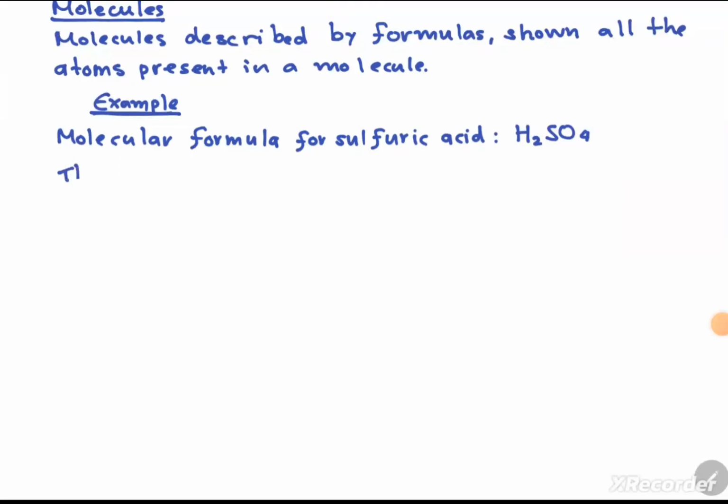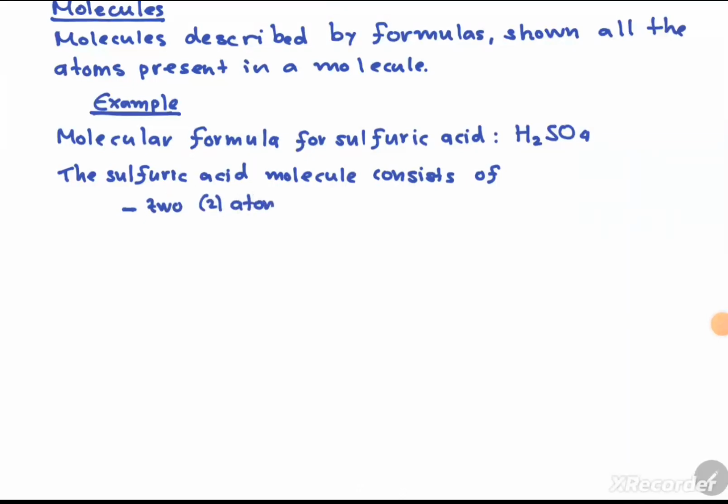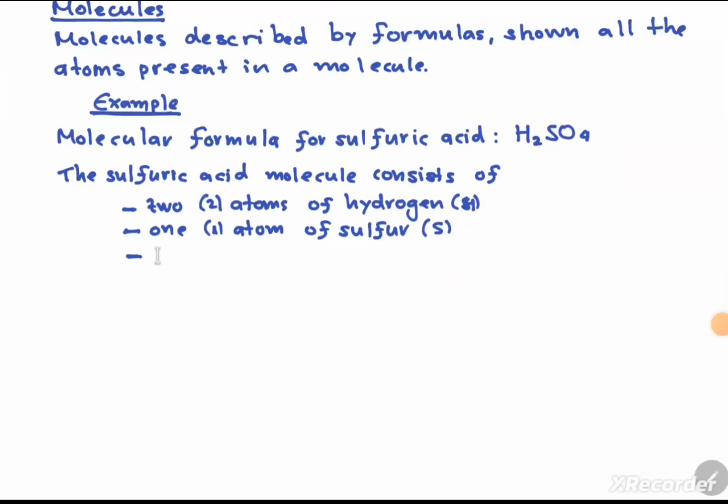This means that the sulfuric acid molecule consists of two atoms of hydrogen, one atom of sulfur, and 4 atoms of oxygen.